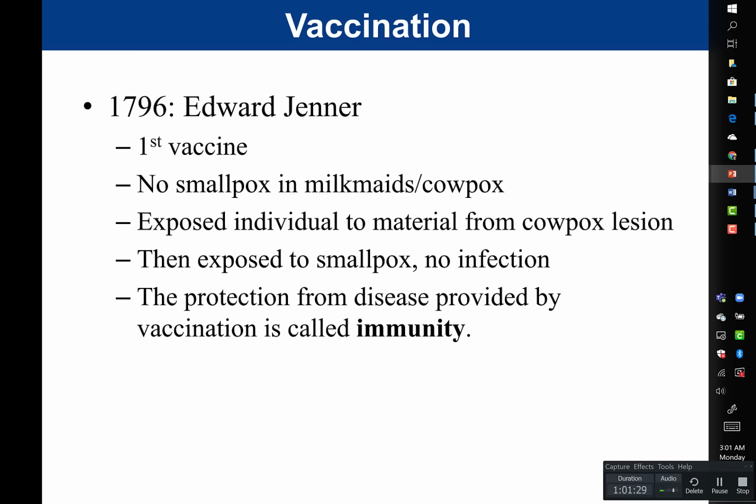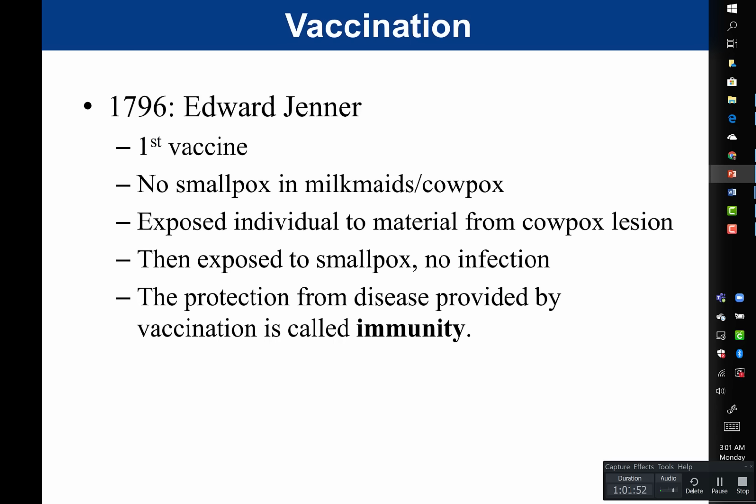So something about the cowpox provided protection against the smallpox. And this protection from disease is provided by vaccination, and it's referred to as immunity, right? And if you have immunity, it means that you are protected against that disease.